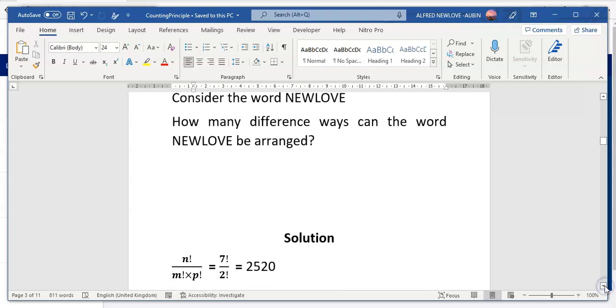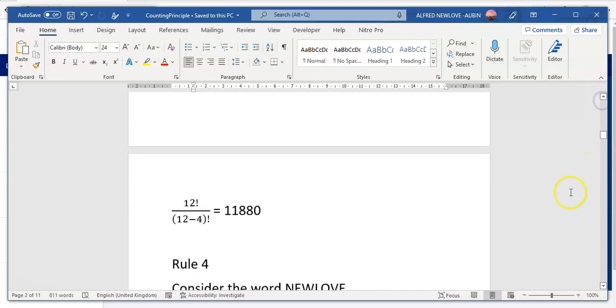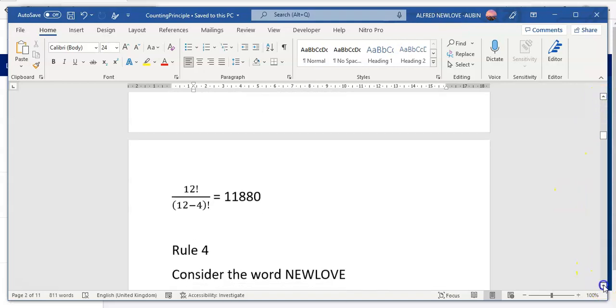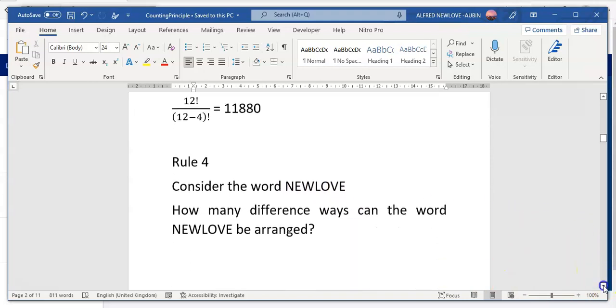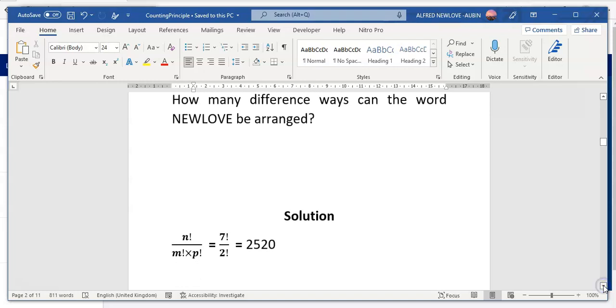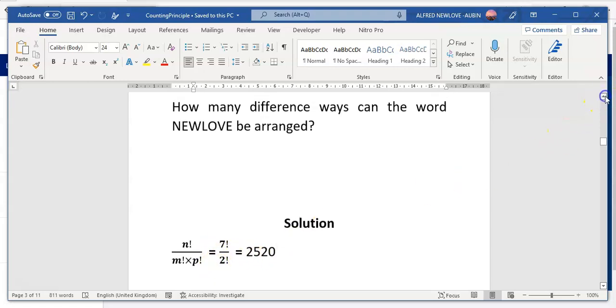Now, this rule, you first consider the total number of words that we have. How many? 1, 2, 3, 4, 5, 6, 7. 7 letters. So it's going to be 7 factorial over the number of letters that repeat.